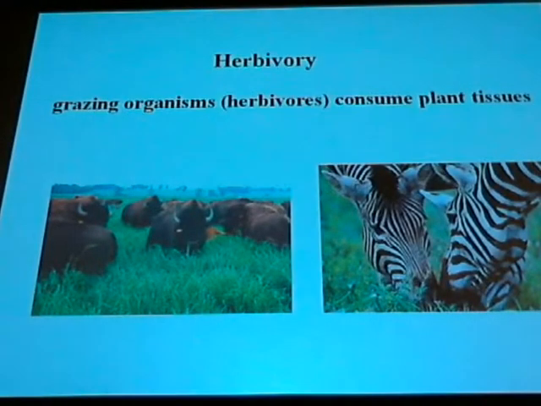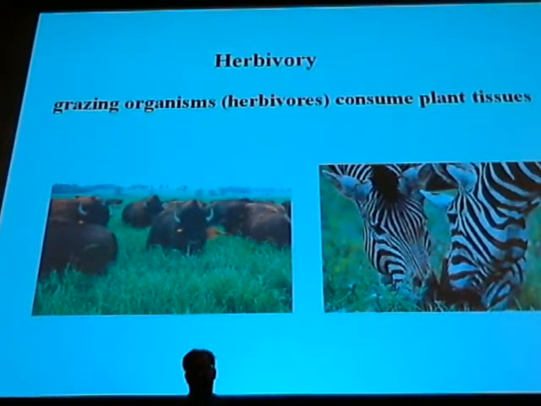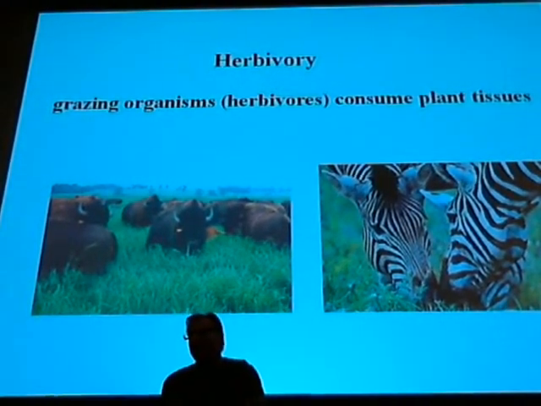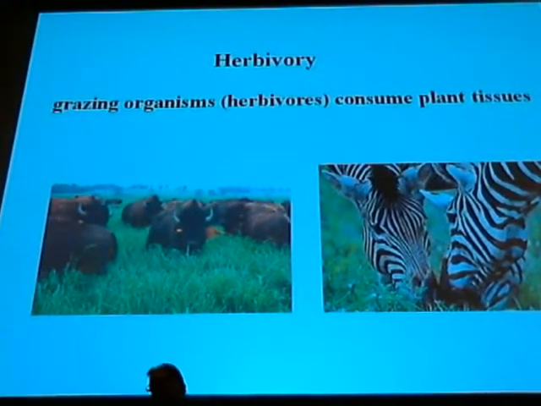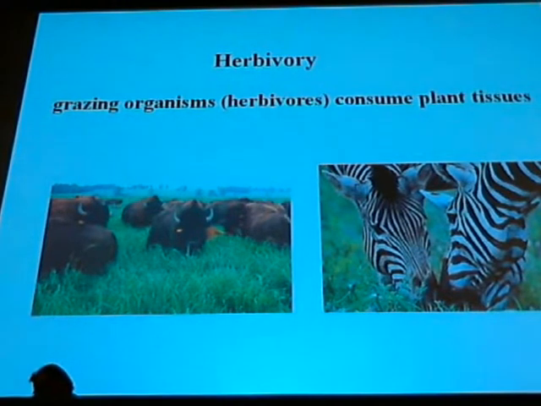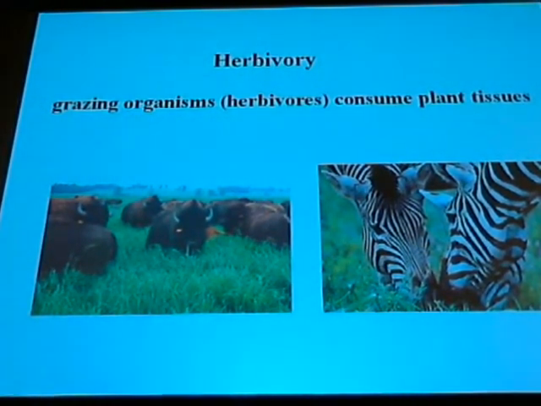So in herbivory, a grazing organism, called a herbivore, consumes plant tissue. The plant is used in the most generic terms. We would put in true plants and other photosynthetic organisms like algae or phytoplankton. Any of those would qualify for grazing. So here are two examples of grazers in the same biome, worlds apart.